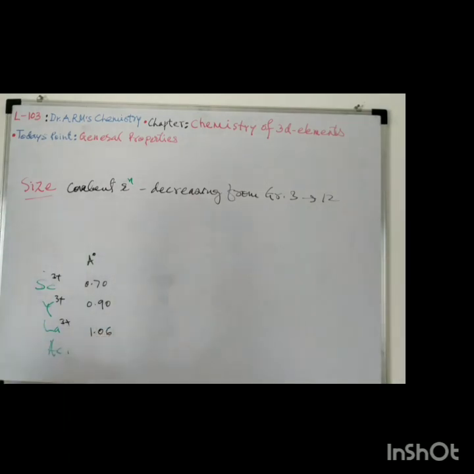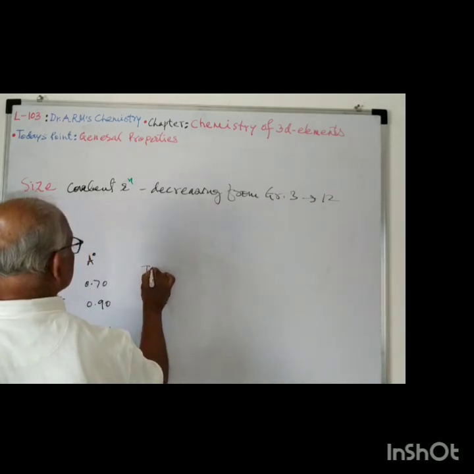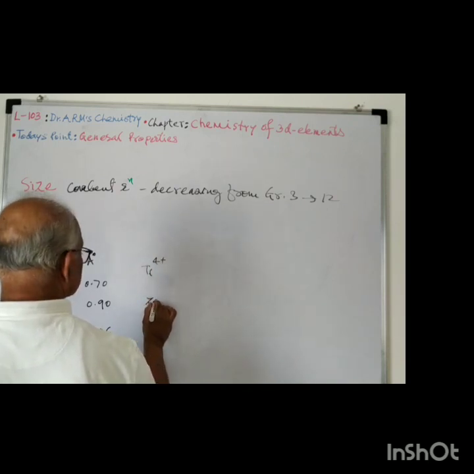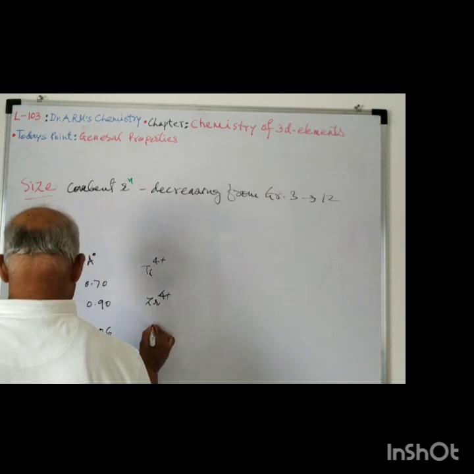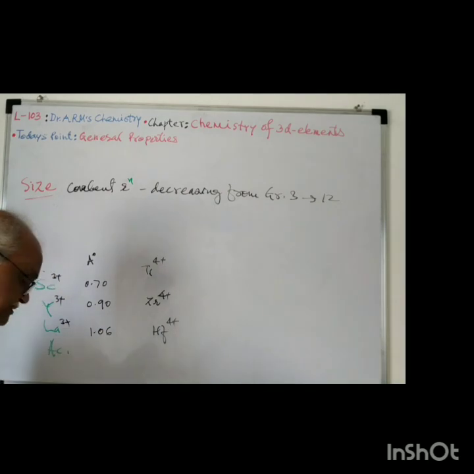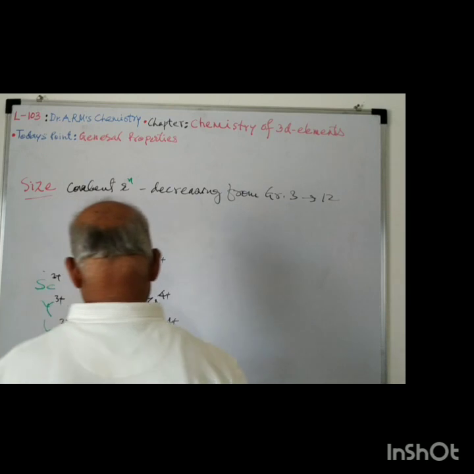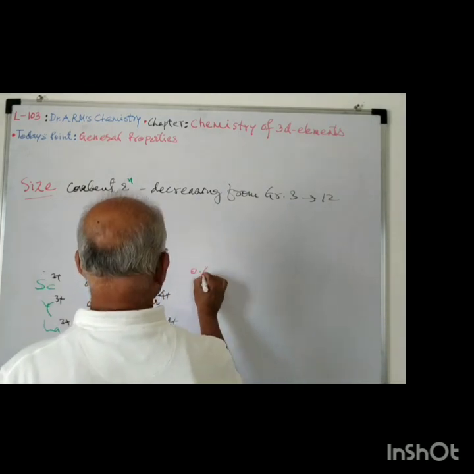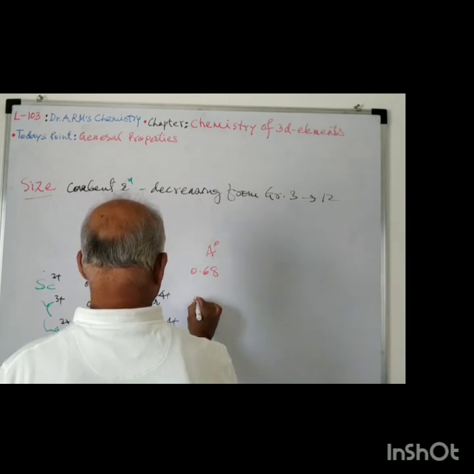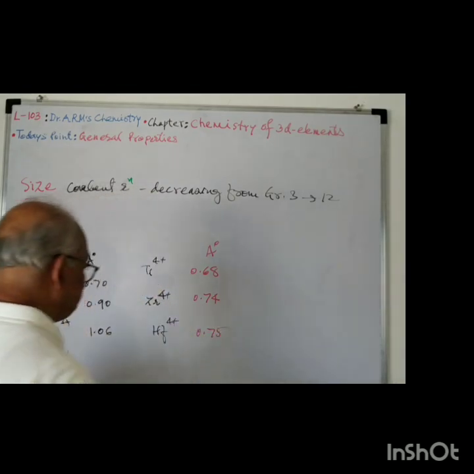Then again if we take the next series to scandium, that is titanium 4+, then zirconium 4+, then hafnium 4+, the size is different. So you will find 0.68 in angstrom, 0.74, 0.75.